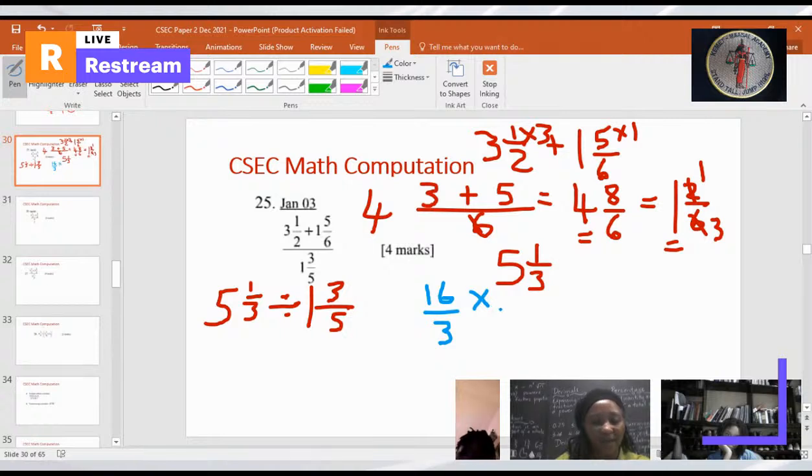When dividing fractions, we change the division sign to a multiplication sign. Now 5 times 1 is 5, plus 3 is 8. And then you'd have to reciprocate it, from 8 over 5 to 5 over 8.